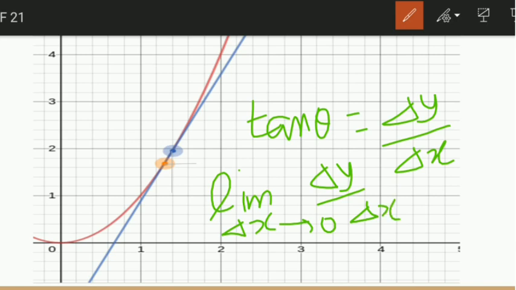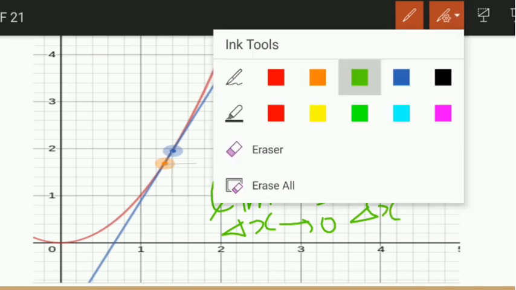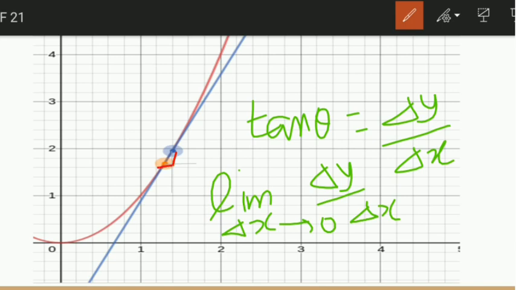That's what we are doing. See, we have a small triangle here, right? And the hypotenuse is a straight line now, unlike the previous case. So now we can find the slope at this point.